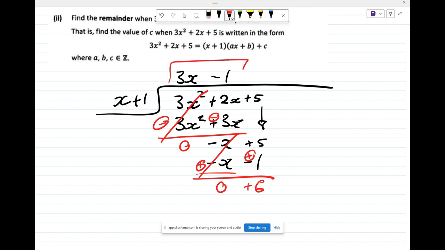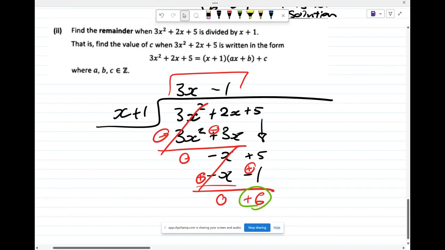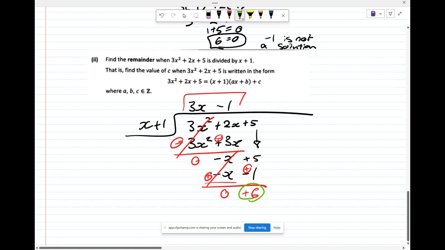We got a value of 3x minus 1 and a remainder of 6. And that's basically what we want. We want to find the remainder. So you don't even need to write 6 is the remainder, you can if you want, but you don't need to. Yeah, final answer is 6.